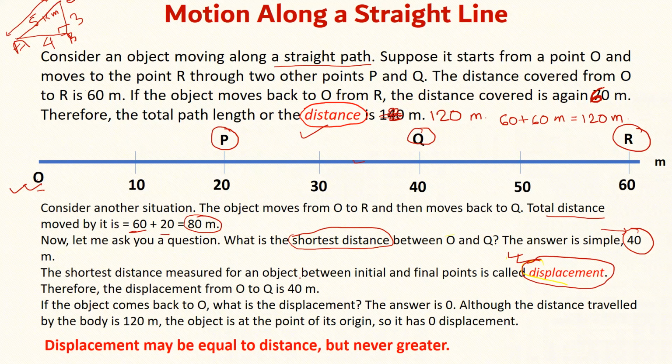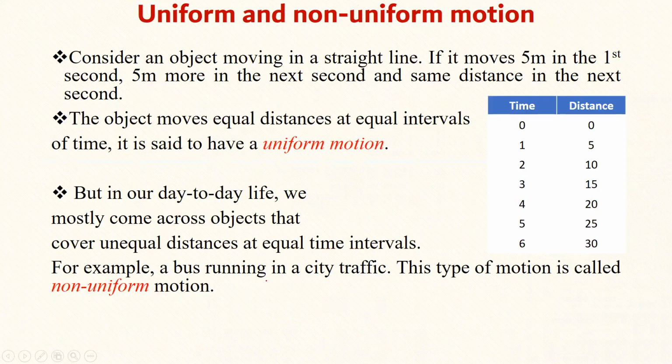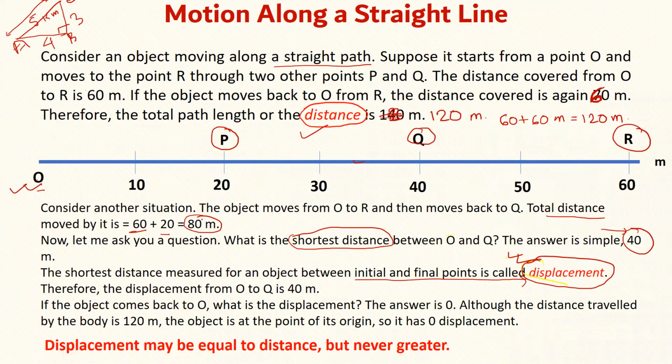The shortest distance measured for an object between initial and final points is called displacement. The initial point is O, the final point is Q, and this distance is known as displacement. Therefore, the displacement from O to Q is 40 meters. I hope you have understood the concept.